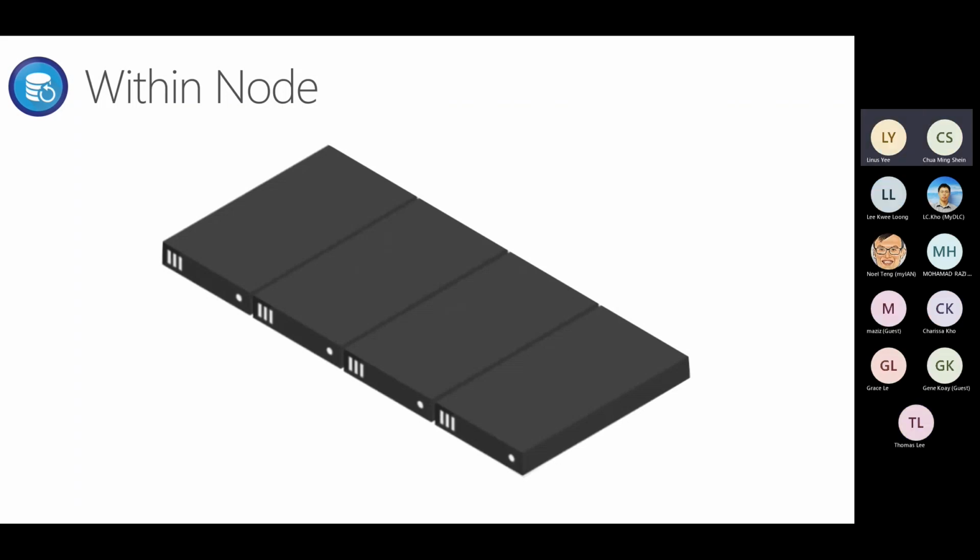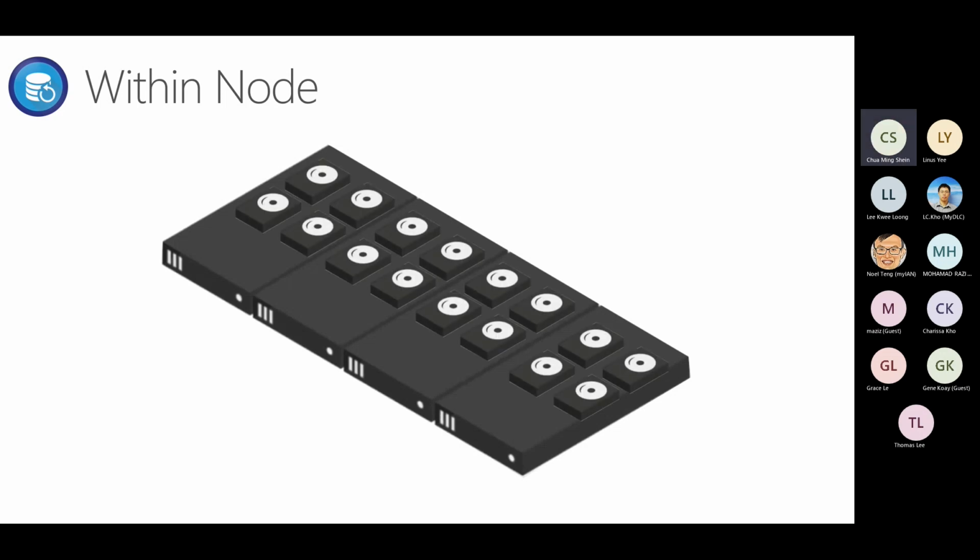The first one, within the node. As you can see, this is a 4-node server, and we use this 4-node server to build the Azure Stack HCI. Let's say we have disks inside the 4-node server, and one of the disks fails.